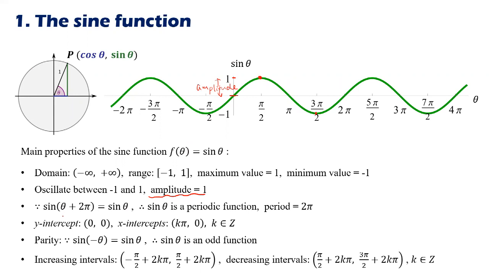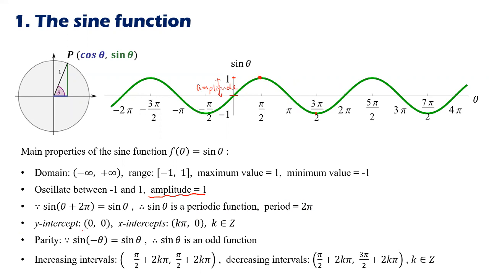And because sine of theta plus 2 pi equals sine theta, it is a periodic function, and the period is 2 pi. Okay, so in this course, when we say a periodic function with a period, the period is the minimum possible period, which is also called the fundamental period.